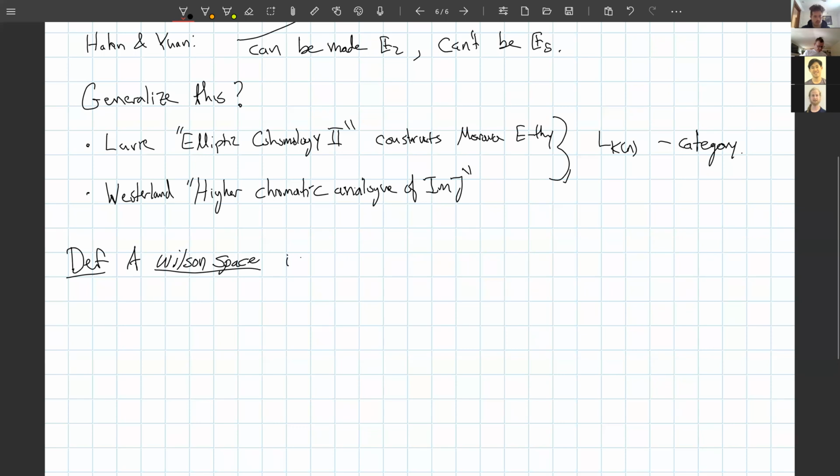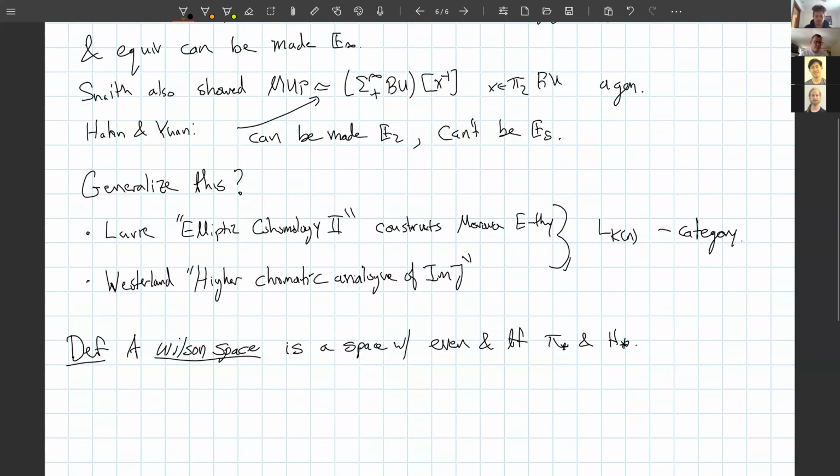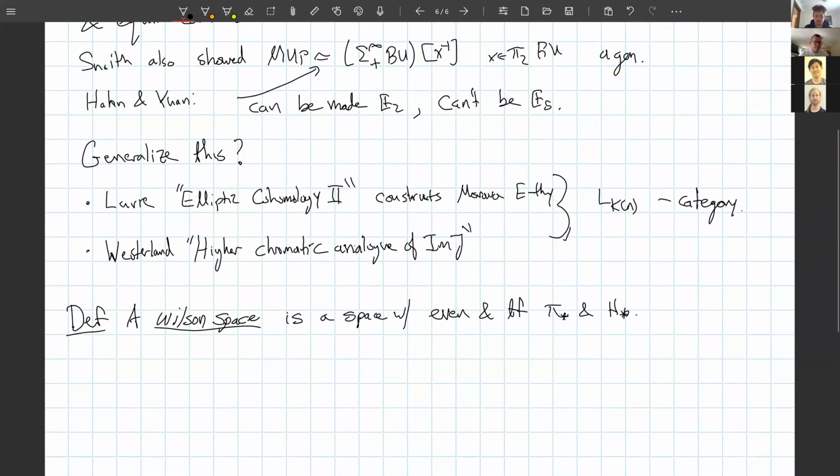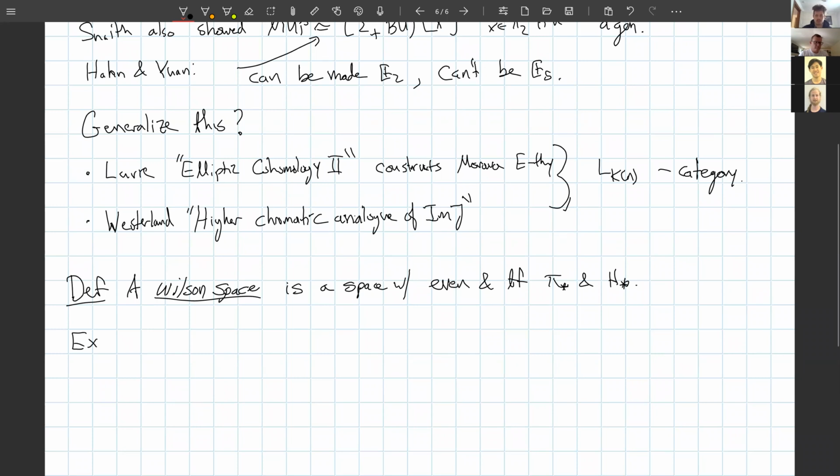It's just a space with even and torsion-free homotopy and homology. So, right, that includes both CP infinity and BU. And then there's BSU, BU6.